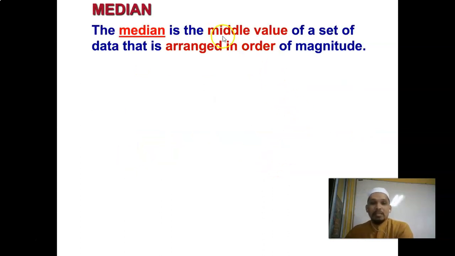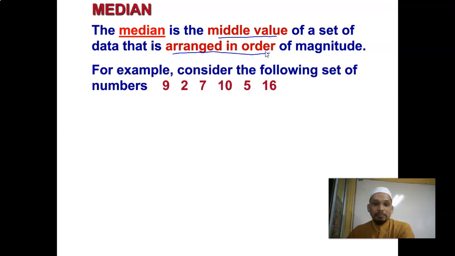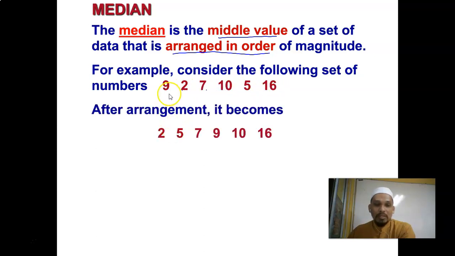Median is the middle value of a set of data that is arranged in order of magnitude. For example, consider the following set of numbers here, 1, 2, 3, 4, 5, 6. We arrange from the lowest to the highest, from the smallest to the biggest number: 2, 5, 7, 9, 10, and 16.